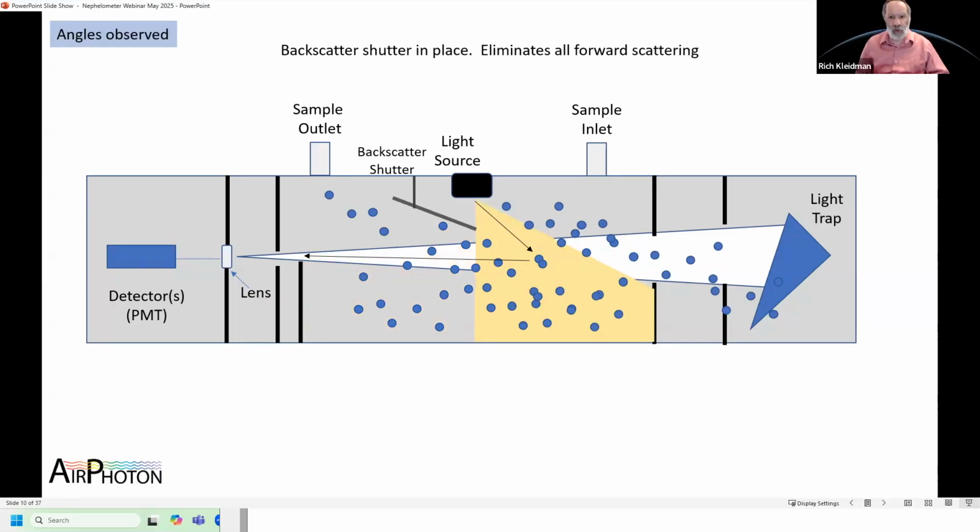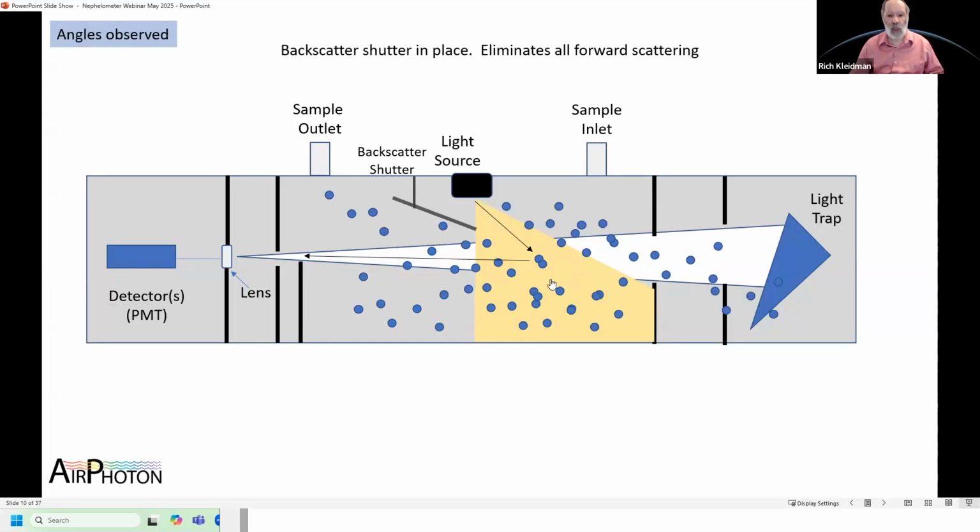Most nephelometers, the TSI design, the Ecotech design, use a backscatter shutter. They have a moving shutter, and they will put this shutter in place, and it will now block all of the light that could result in a forward scattering event. And so now you are simply measuring backscatter.